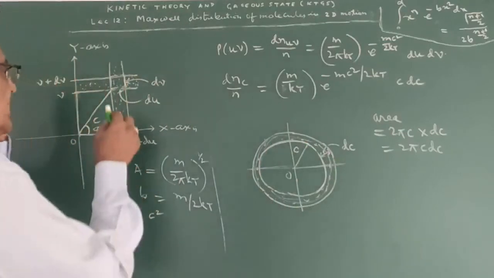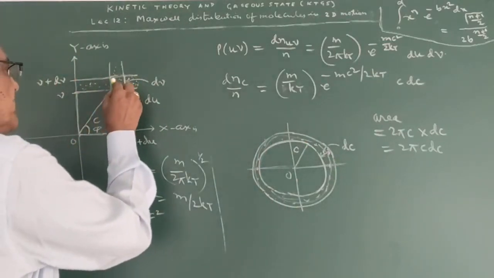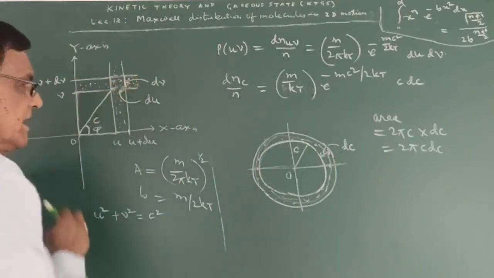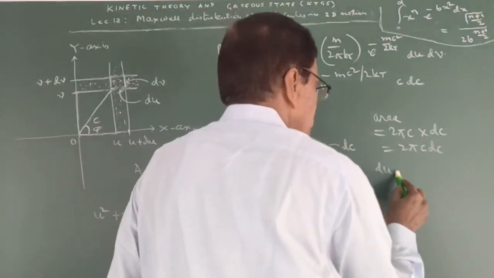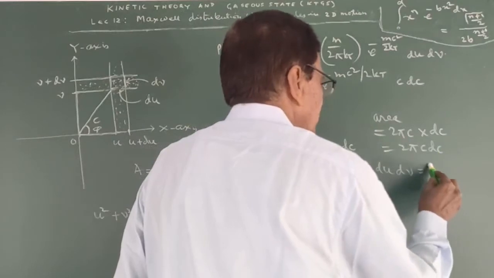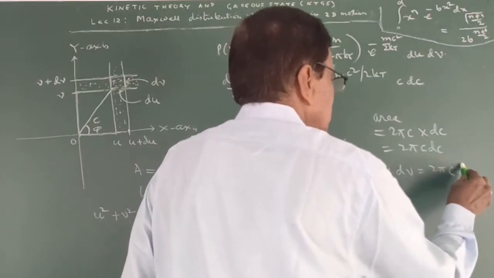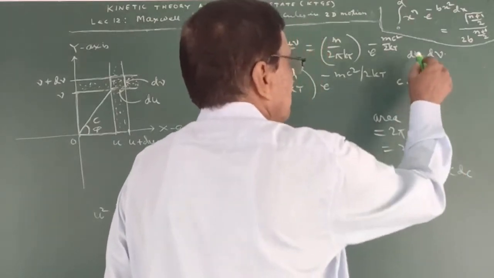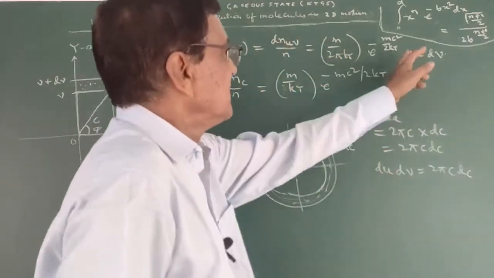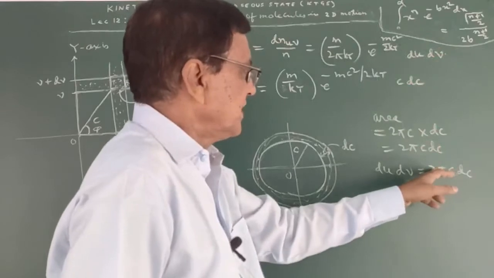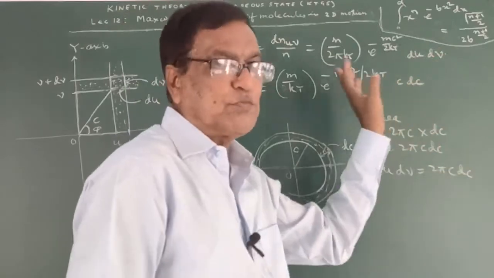And you know, here it is the area, this one, and here this area is this one. So du dv, you can write as twice pi c dc. So whenever 2 pi is written, 2 pi cancels, and in this case we put here 2 pi c dc, and this formula is coming up.